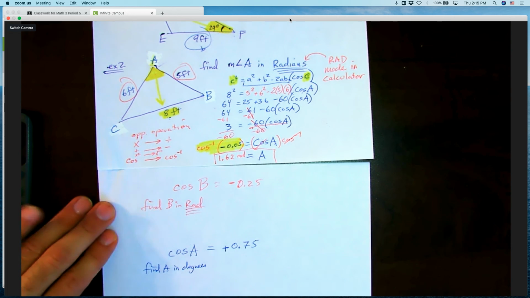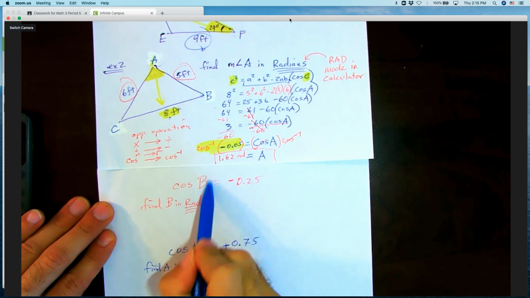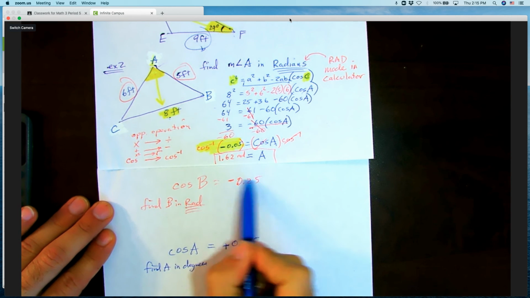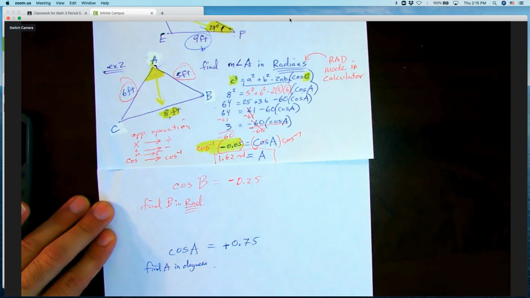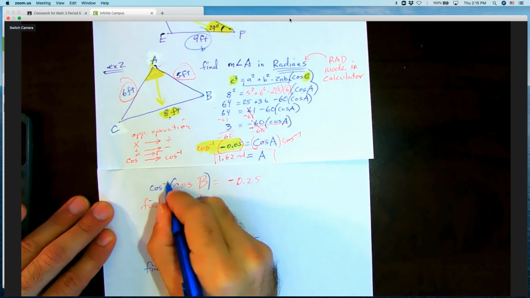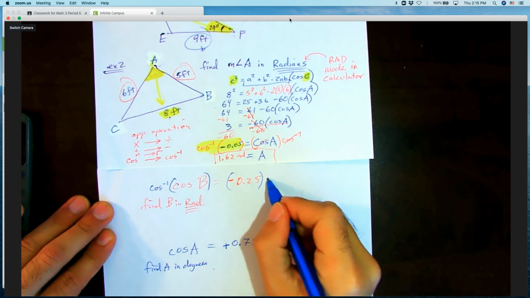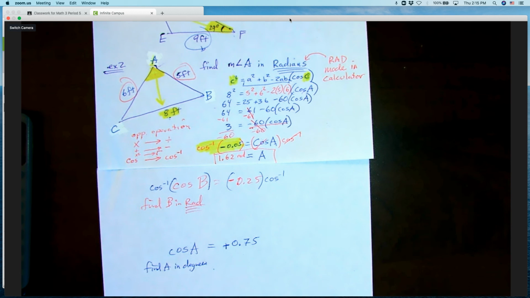If you're not sure where to start, no worries. I cannot take the cosine of an angle I don't know. I have this other information that's related to the ratio of the triangle. So what I'm going to do is take the inverse cosine of both sides. And as long as you're in radian mode, make sure you're in radian mode.